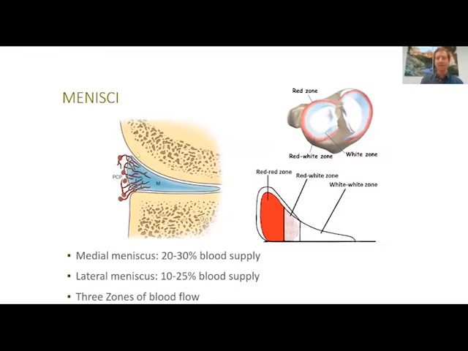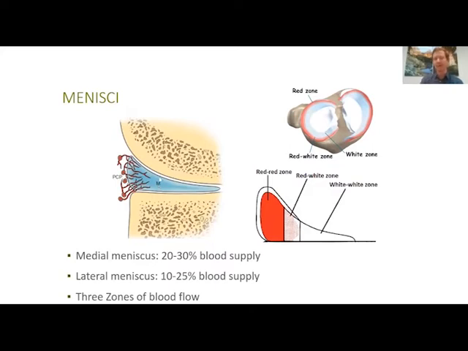And they provide a nice contour to the two bones, and the two bones are covered in cartilage. As some of you may know, the cartilage is a lubricated surface, has very few cells in it, and does not have any blood flow to it. Very similarly, the meniscus doesn't have any significant blood supply going to it.